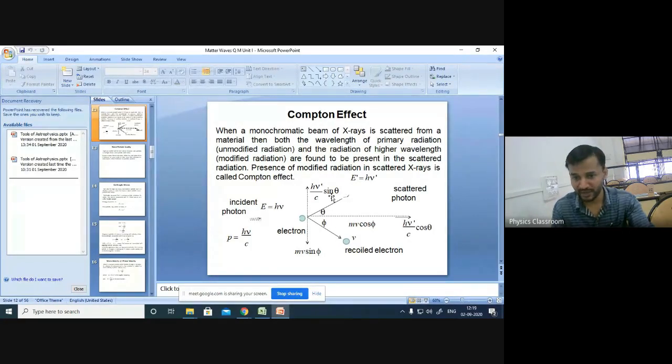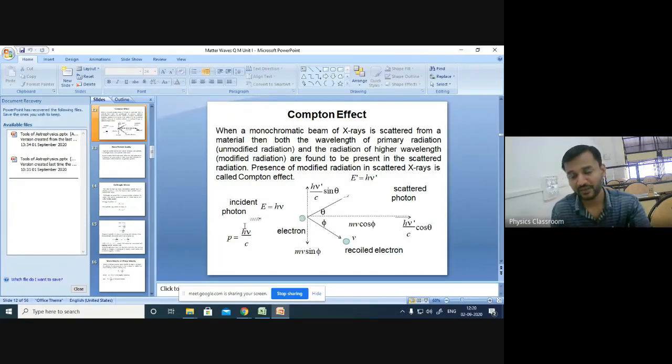This is the incident wavelength. The presence of modified radiation in scattered X-rays is called the Compton effect.